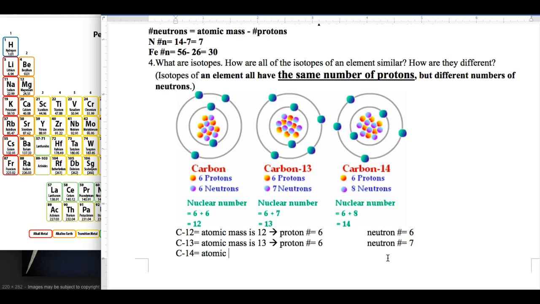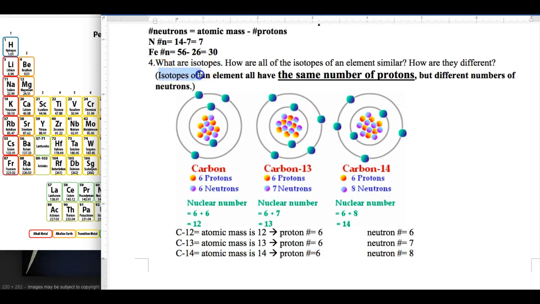It means the atomic mass is 14, which means the proton number is still 6. And then our neutron number would be 8 now, right? Because the neutron number is atomic mass minus proton number.